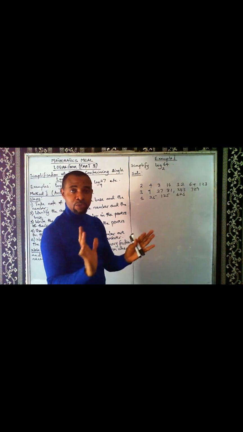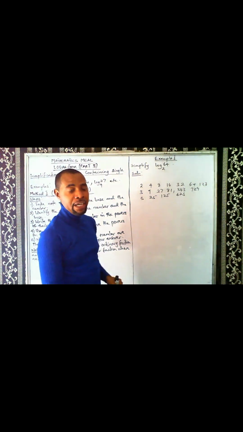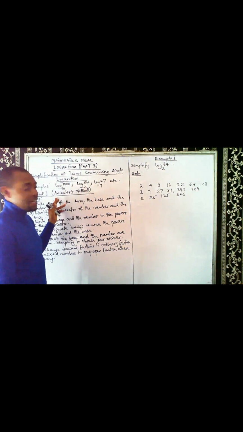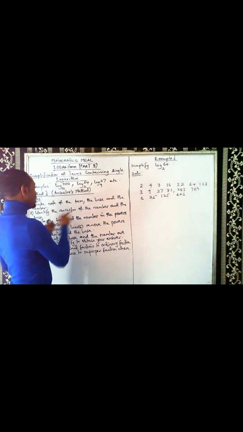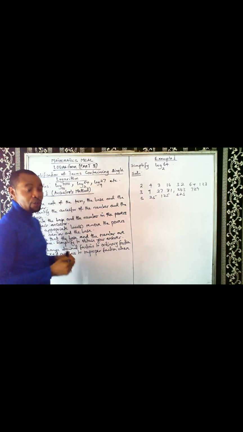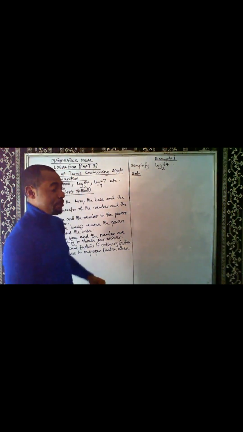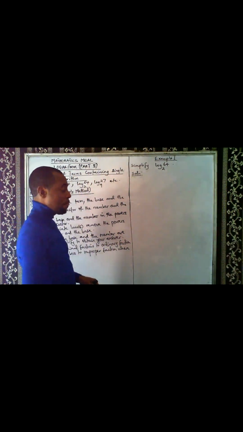So at least we now know what we mean by ancestor in this particular concept. It's not your ancestor in your culture or in your history. This one is the ancestor in mathematics. Yes, mathematical ancestor. So in the ancestors method, we have 5 steps that we need to take.